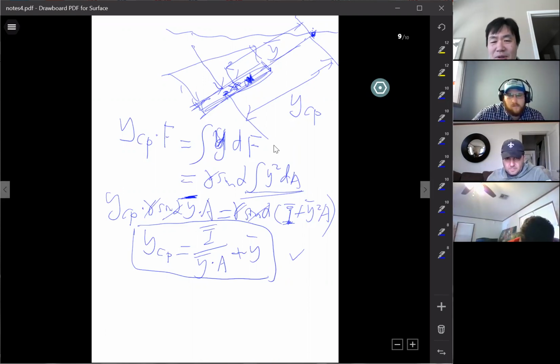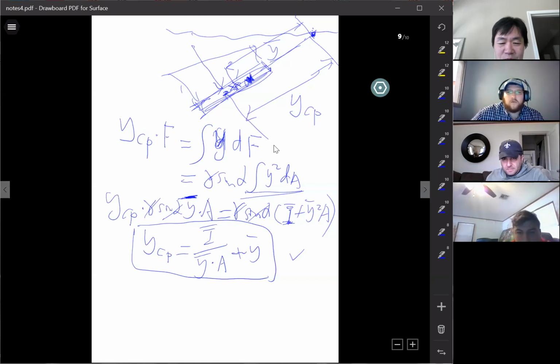They think the distance between the point and the beginning of the plane is the YCP. No, it's not. YCP, by definition, is from that point to the water surface along the Y direction. So be careful. Small mistakes will lead to a wrong answer, right?